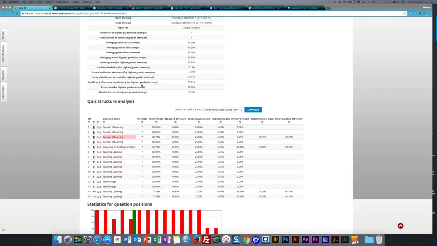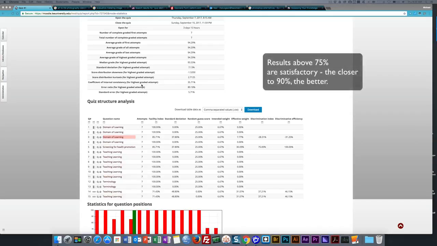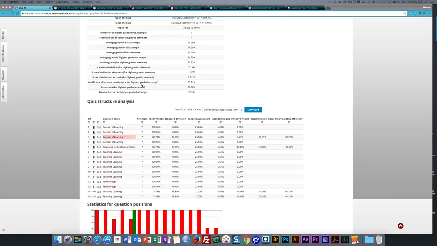Next item we have is the coefficient of internal consistency for the highest grade attempt. The coefficient of internal consistency, nearly impossible to get much above 90%. Anything above 75 is satisfactory. So 75%, we want satisfactory to good.